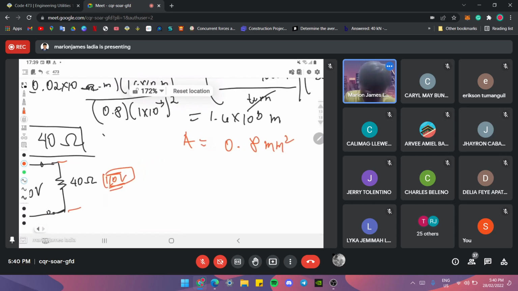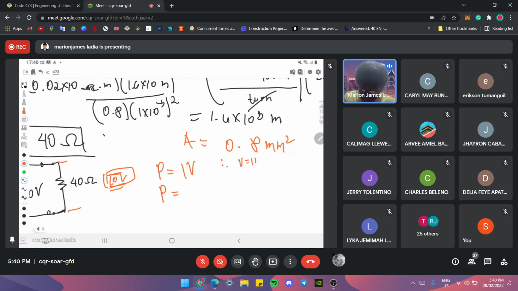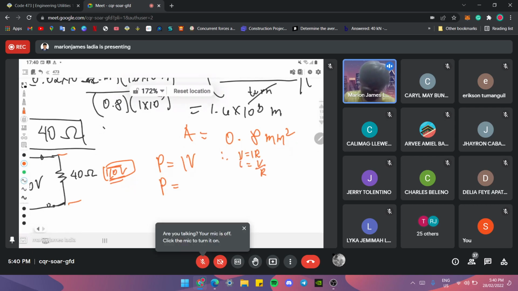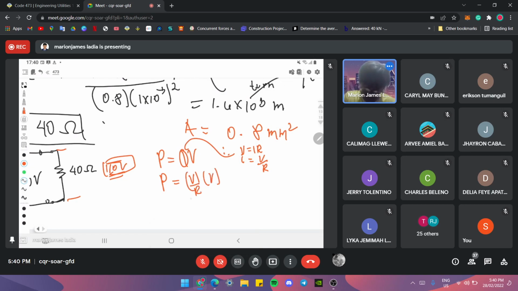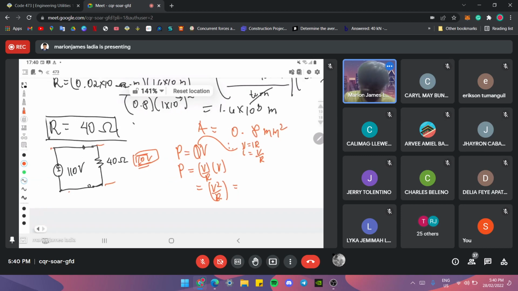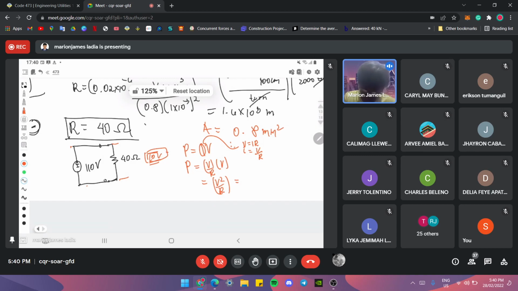So, from that, power is equal to IV. But since I have my voltage and I have no current, power is equal to... I is equal to V over R. So, substitute ko sa value ng I ko, V over R multiplied by V. So, therefore, I will have a value equal to V squared over R, which will be equal to, substitute lang natin yung 110 square all over 40.